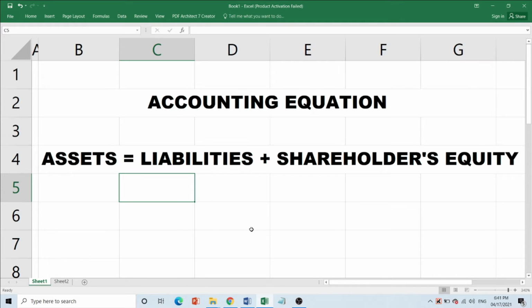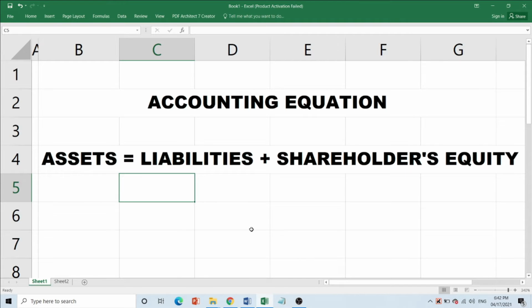natin ang accounting equation. Because in the accounting equation, whatever the changes or the effects that happened on one side must have an equivalent effect on the other side of the accounting equation. The assets must equal the liabilities plus shareholders' equity.